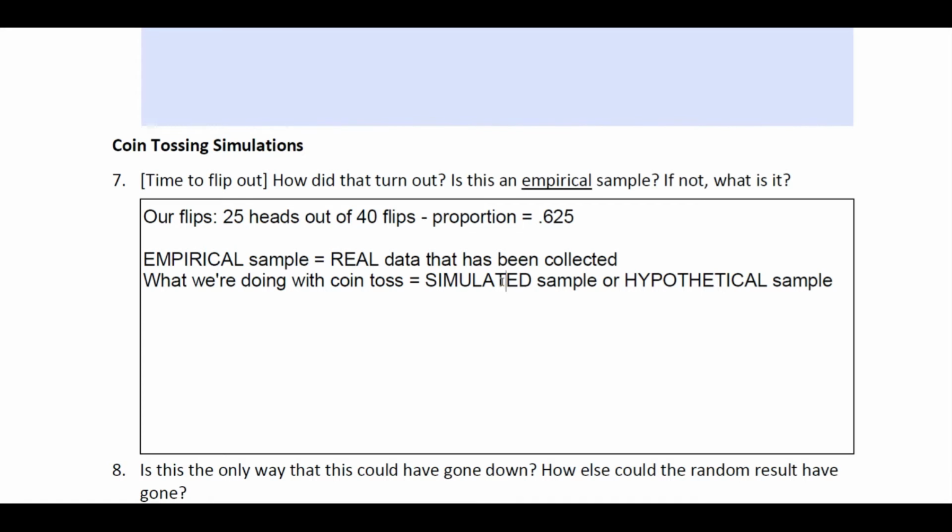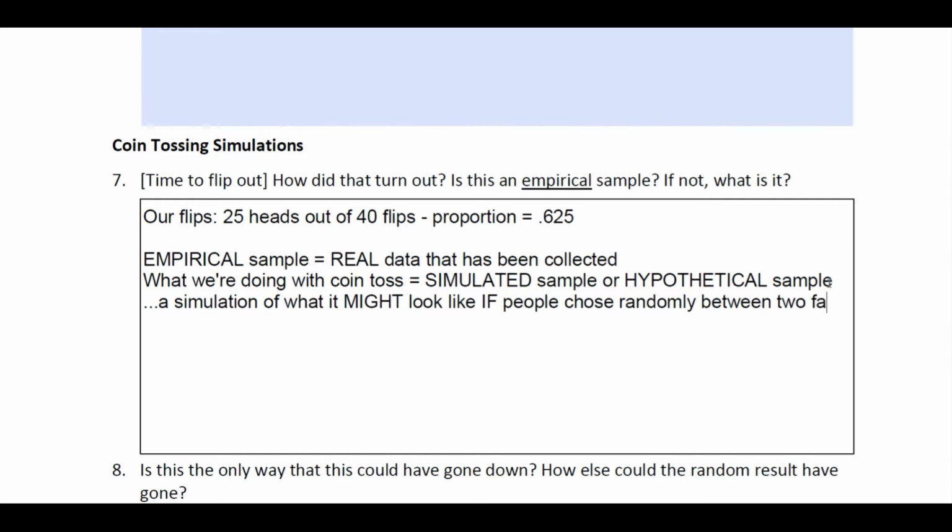Simulated is if we run a simulation to see what it might look like. This is a simulation of what it might look like if people chose randomly between two faces, right? People aren't really choosing based on the faces in that case. They're choosing based on this simulation of randomness.